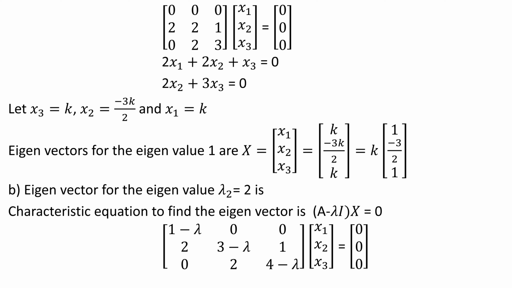the characteristic equation to find the eigenvector is A minus lambda I into x is equal to 0, where A is the given matrix, lambda is the eigenvalue 2 into the unit matrix 1 0 0, 0 1 0, 0 0 1 into x, which is the required eigenvector, is equal to 0. So that will be 1 minus lambda 0 0, 2 3 minus lambda 1, 0 2 4 minus lambda into x1 x2 x3 is equal to 0 0 0.